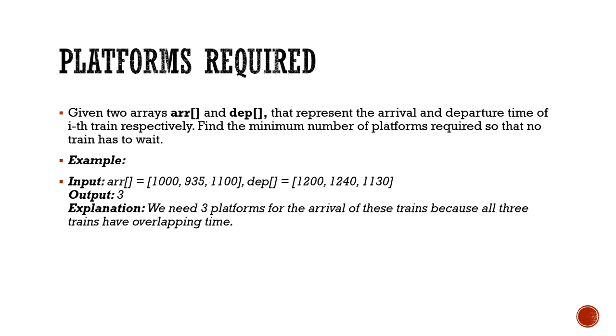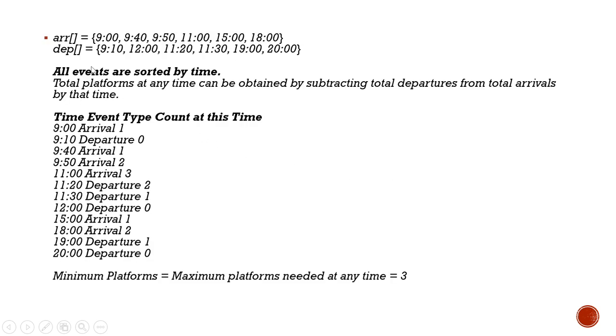In the example which we are seeing here, we need three platforms. The approach is we have to sort both the arrays, and then compare them. To see this in detail, consider an arrival and departure array, which is here.